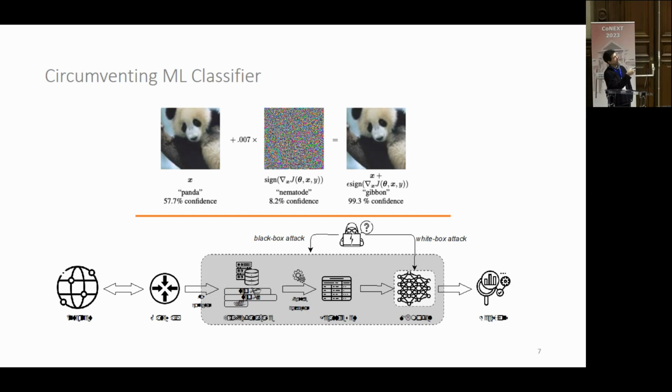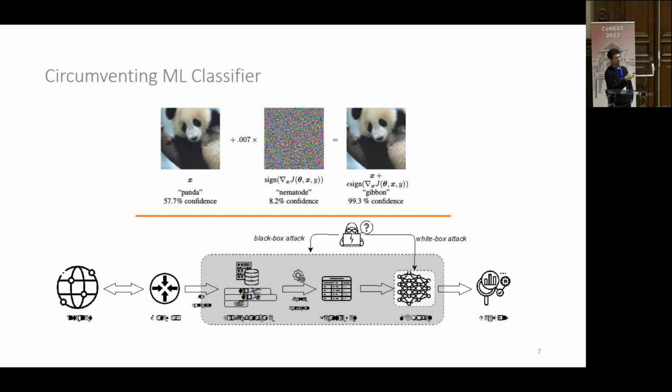I already explained this stuff. The idea here is, if you're an adversary trying to circumvent the system, you either have a white box model, meaning you have some knowledge of how the classifier works, which may or may not be true. If you're an insider and you know what is being deployed, maybe you can share that information.